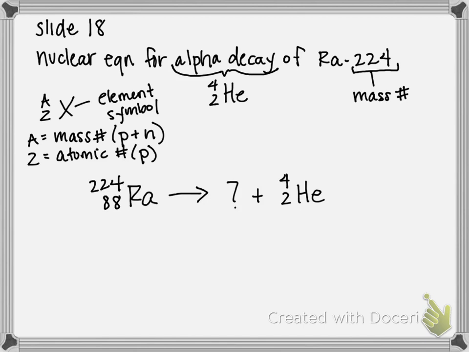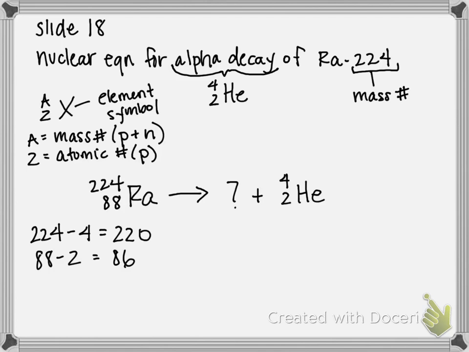So the way we're going to figure out the numbers for our mystery element symbol is to take 224 and subtract 4 to figure out what other element we have in the mix. So 224 minus 4 gives us 220, and I can do the same with the bottom number. 88 minus 2 is going to give us 86.